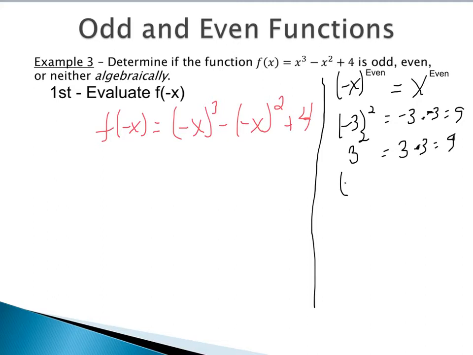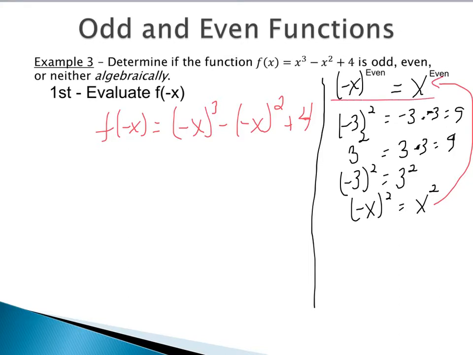So we can say that negative 3 squared is equal to 3 squared, or more generally, negative x to the second power would equal the same thing as if we took the positive x to the second power. And even more generally, negative x to an even power is just going to equal x to an even power.